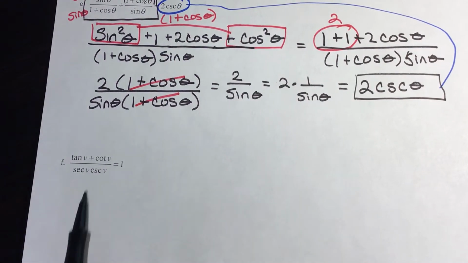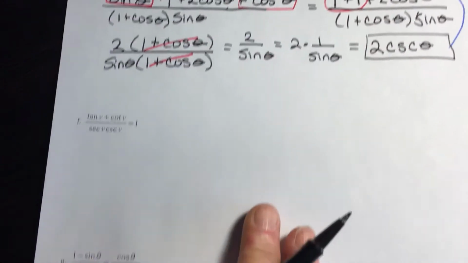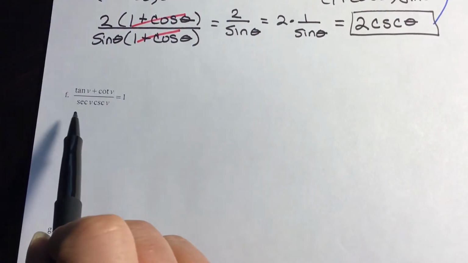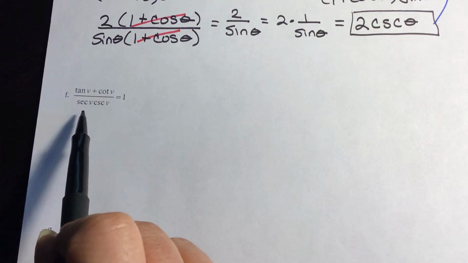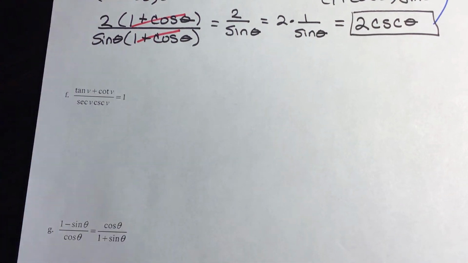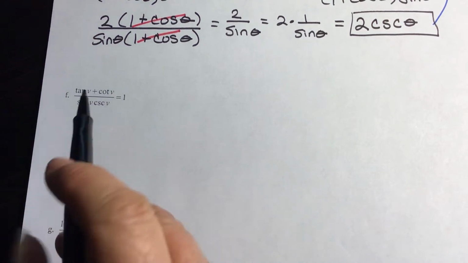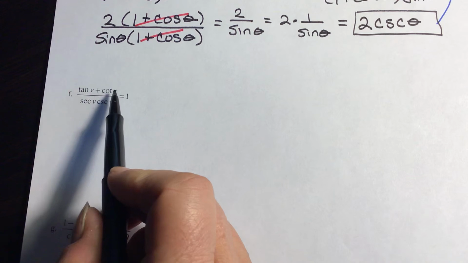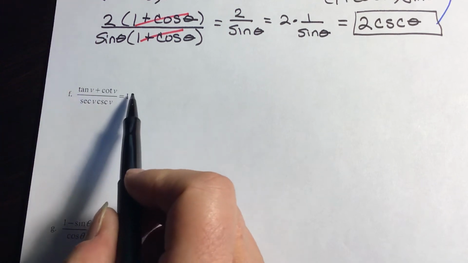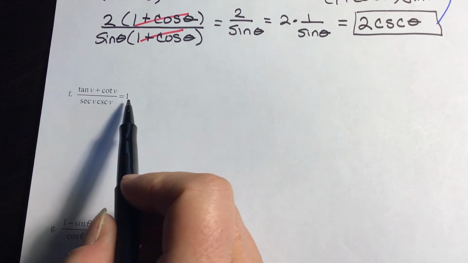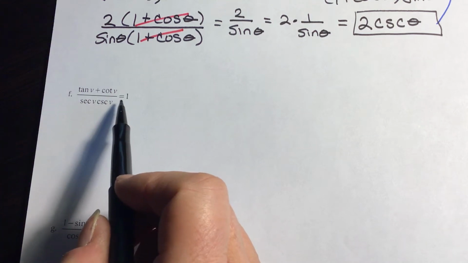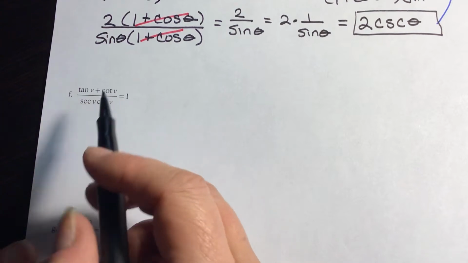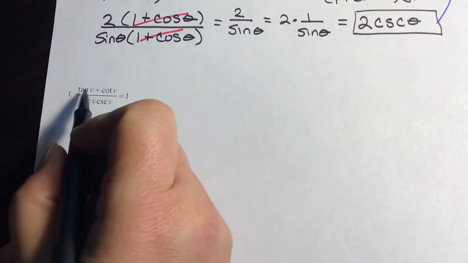Now I see a single fraction, tangent of v plus cotangent of v, and I have secant v and cosecant v on the bottom. Now I have a sum of things on the numerator, so I'm going to break these apart.